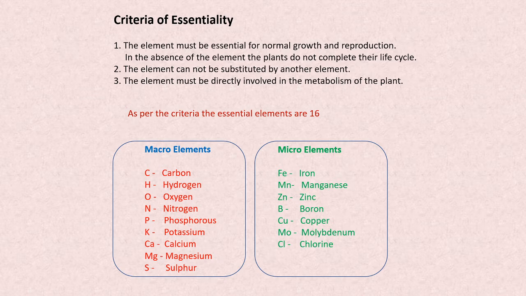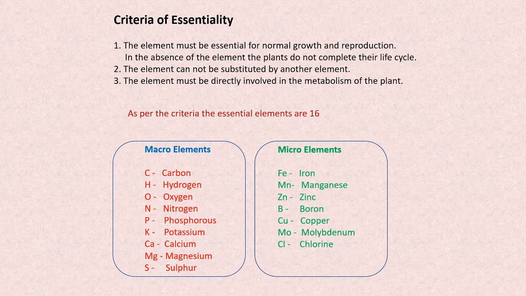So these are some of the deficiency symptoms. The first one is chlorosis. What is chlorosis? A pale green or yellow color develops due to failure of leaves to produce normal amount of chlorophyll. That means slowly the chlorophyll vanishes, and pale green or yellow color develops.